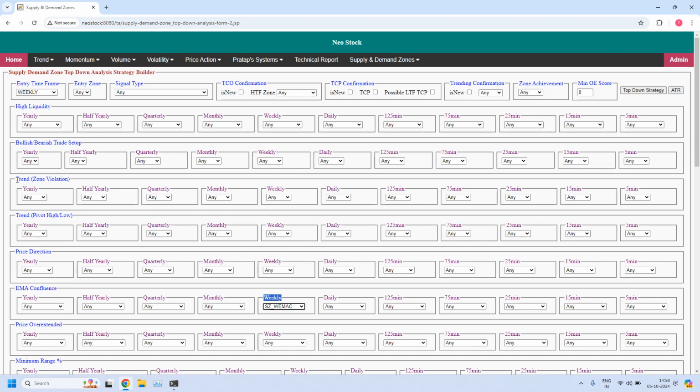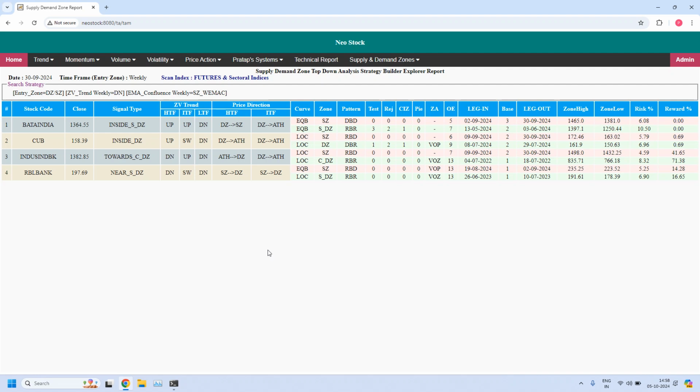So under trend, zone violation trend, weekly time frame, I am selecting downtrend. Let's verify how many stocks. 4 stocks are filtered. Because the list is very small, further reducing is not really important. You can focus on these weekly supply zones, which also have a weekly downtrend.